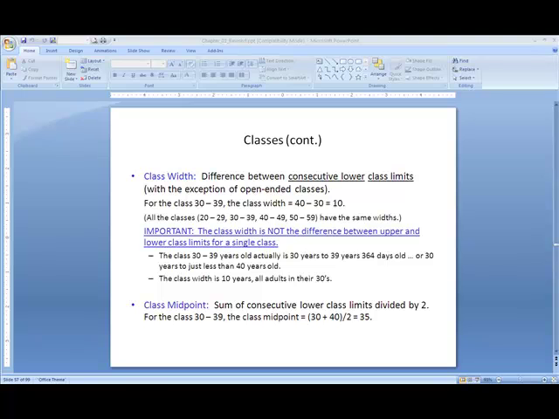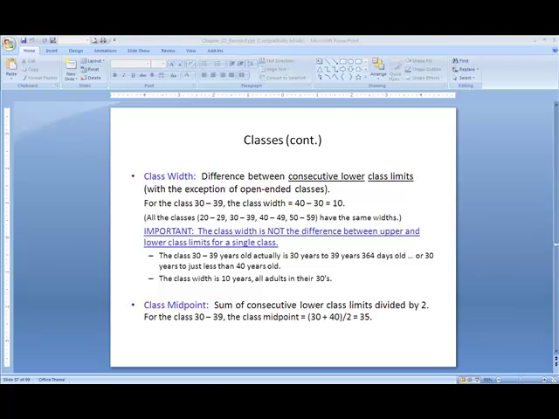You take two consecutive lower class limits and subtract the two to find out the class width. Now you could also take the two consecutive upper class limits to find it, but I'll use as my convention always looking at the lower class limits to find the class width and this thing called a midpoint. So to find my class width, we had 20 to 29, 30 to 39. Well, the two lower class limits are 30 and 20. I subtract the two, so the class width is 10.